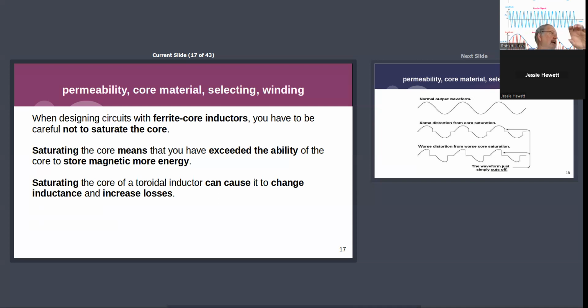That's the value of the magnetic field. And if you do saturate it, and the temperature gets high enough, which is another factor, it can change the inductance permanently.